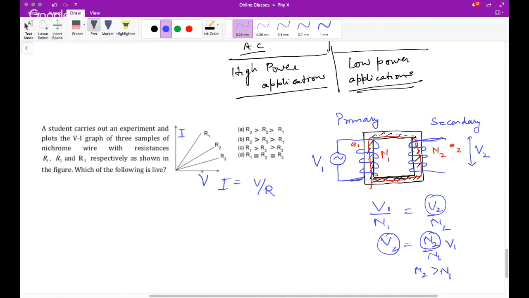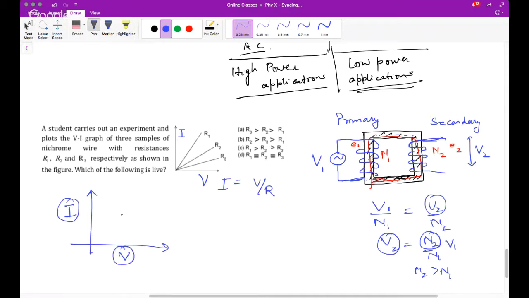Then it's A. Usually VI characteristics are measured like that. V should be on the x-axis and I on the y-axis, because this is the response to this cause.